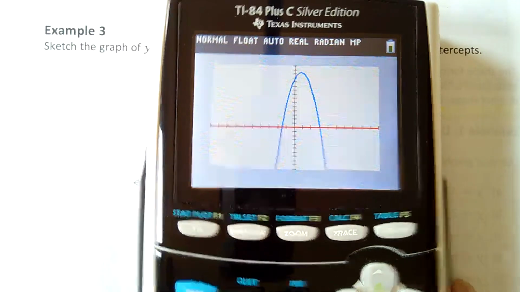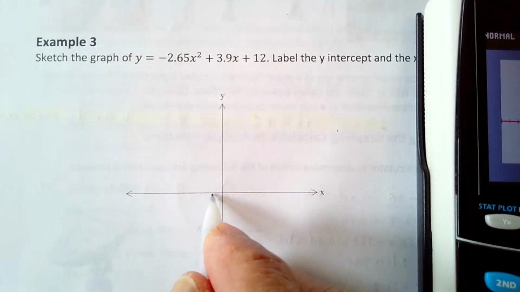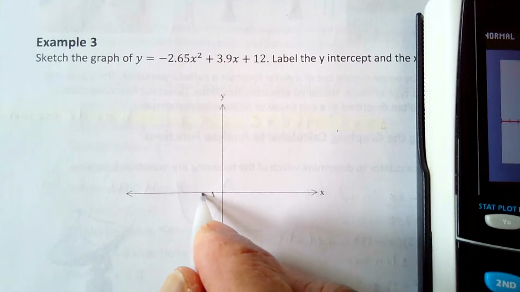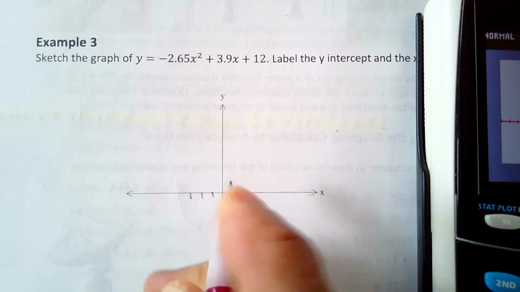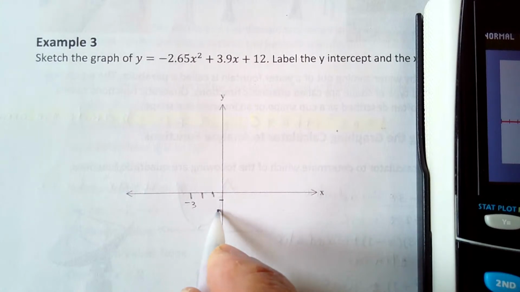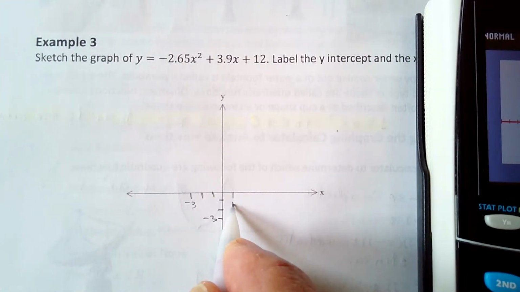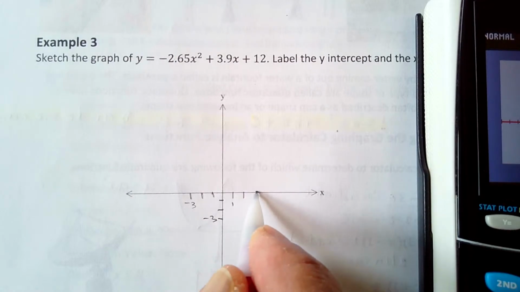So we'll go ahead and first of all, indicate our scale. We have 1, -1, -2, -3. So -3 here. We have -1, -2, -3. We have 1, 2, 3.